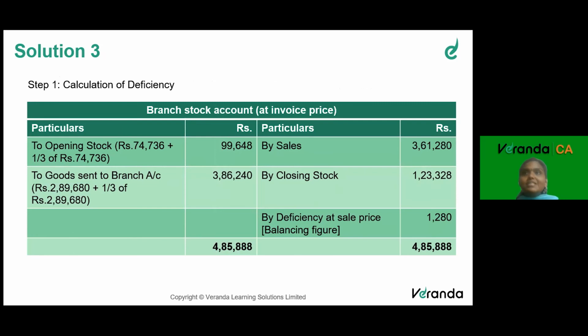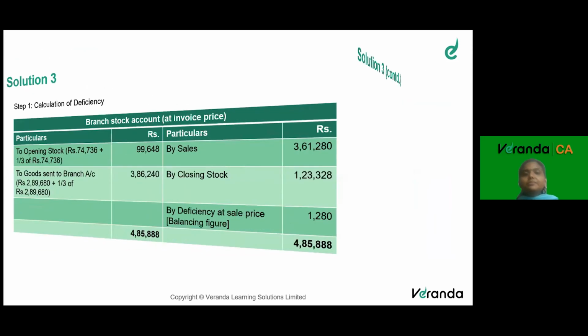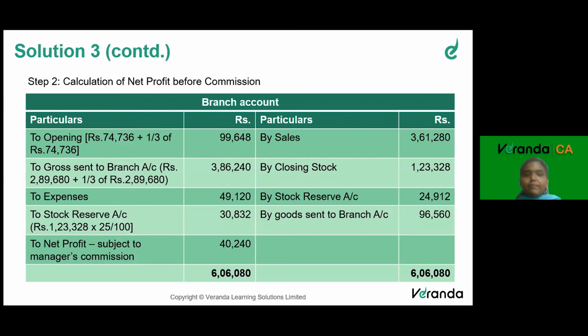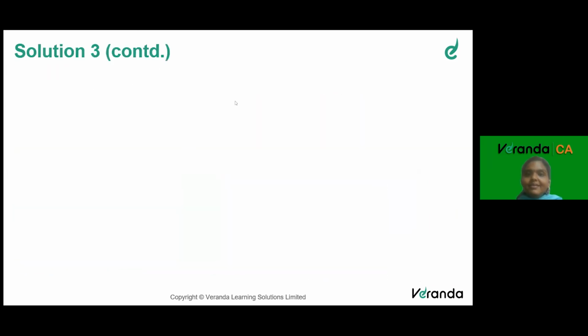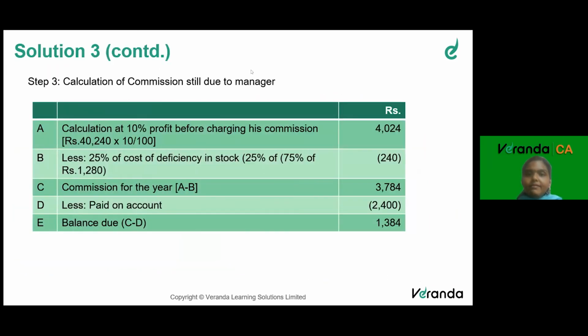Find out what is 3/4 of that. Find out the cost value equivalent of 1,280, which is 3/4. It has a 1/4 element of profit. Remove it, find out 3/4, you get the cost element. On that, 25% deduction. Am I making sense? Am I too quick?